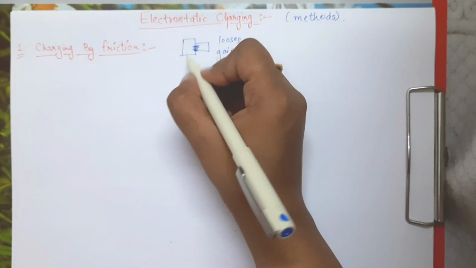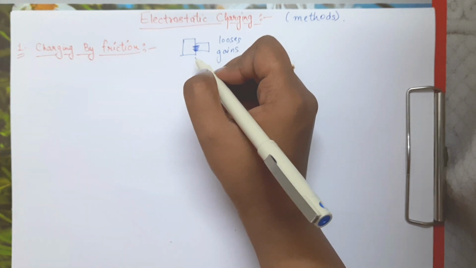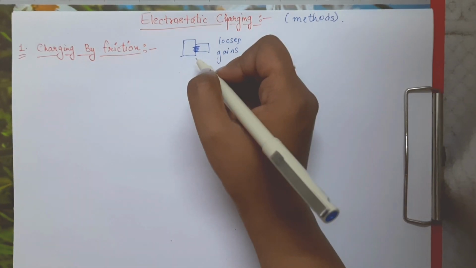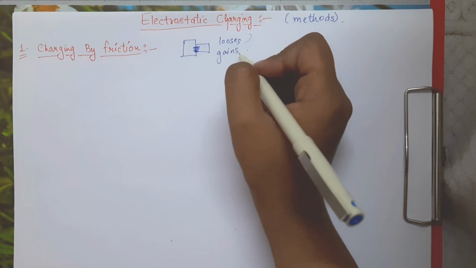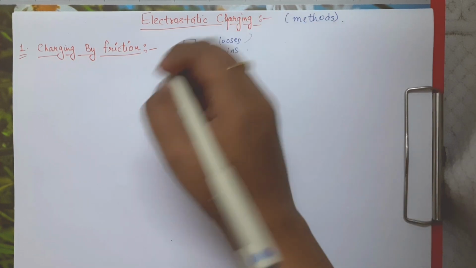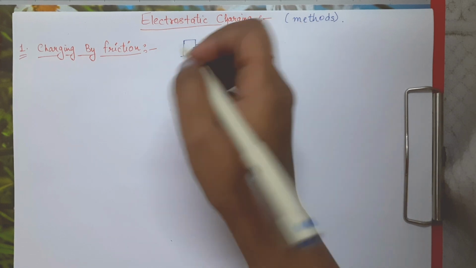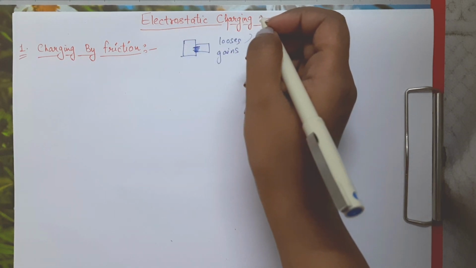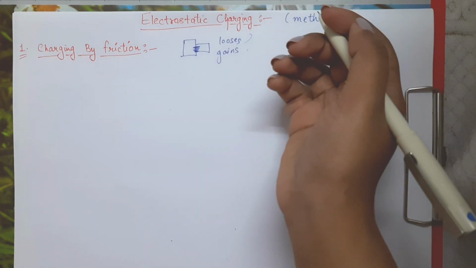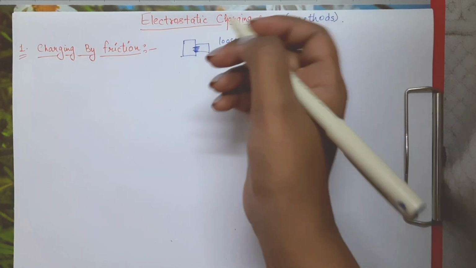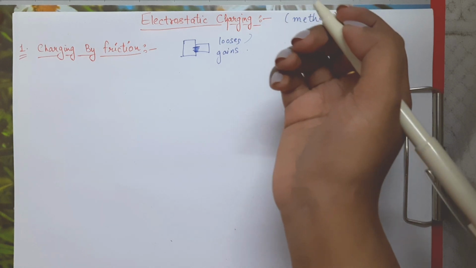So when we rub two materials, one of them loses electrons and the other gains electrons, and due to this exchange of electrons, or you can say charges, because electrons carry negative charge, there is electrostatic charging happening.